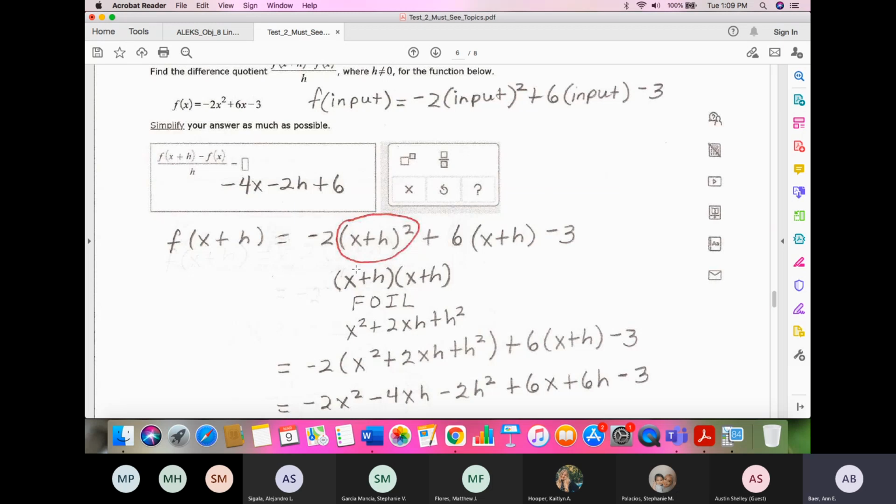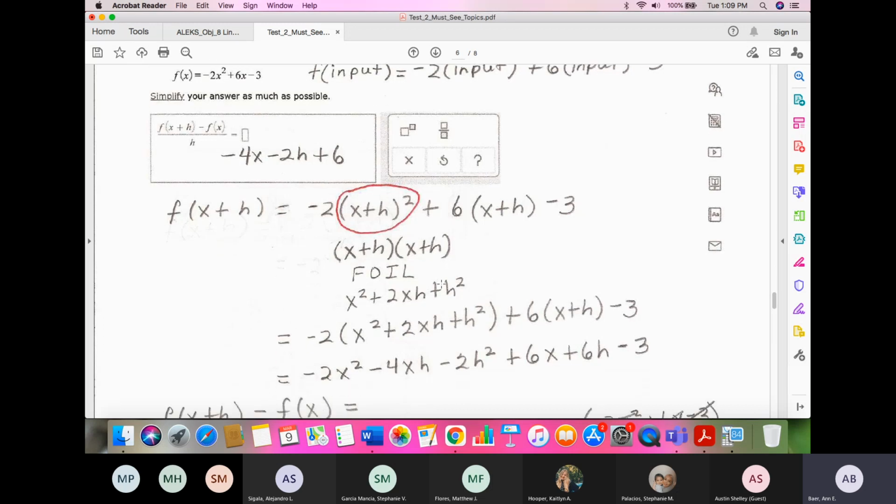In particular, we want to work with this. This too is mathematicians' way of stating repeated multiplication. What we want to do is take 2 of these x plus h's, in other words, x plus h times x plus h, and multiply them together like this.